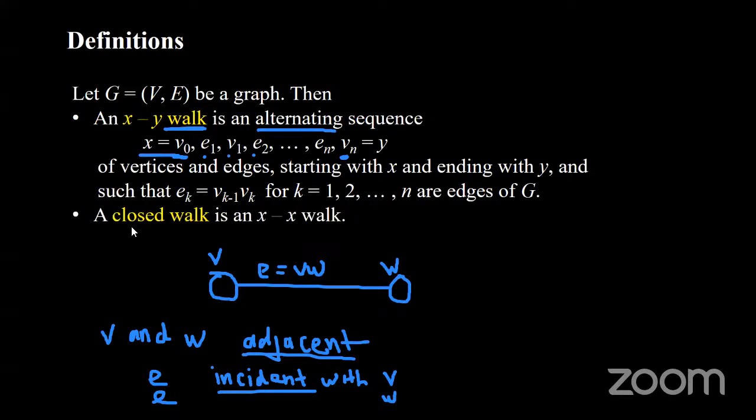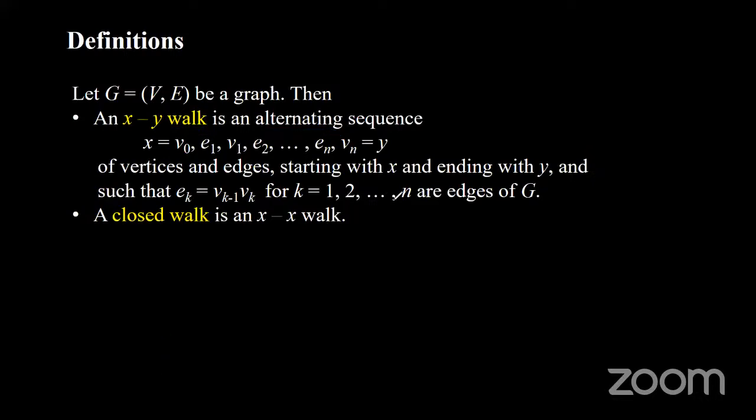And then a closed walk: something is called a closed walk if the beginning and the last one are the same. So we call it an X to X walk. An open walk is not closed, so the first and the last one are not the same.